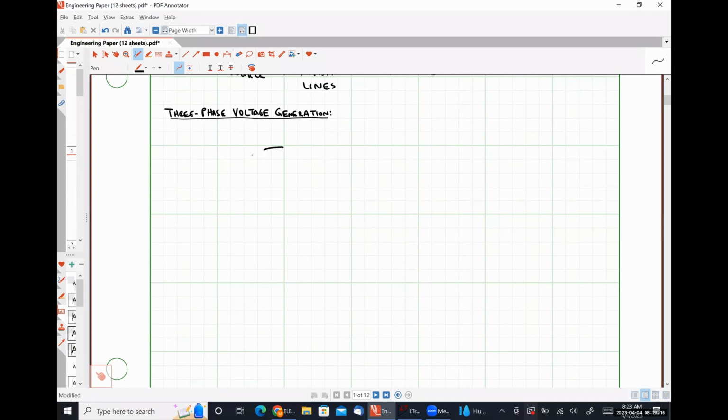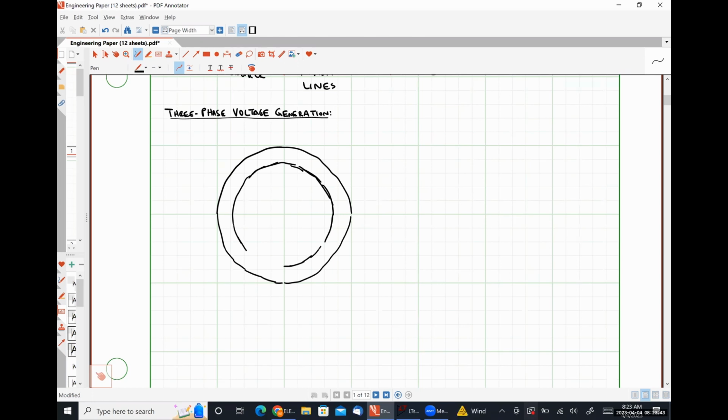So I'm going to have this circular outside thing here. This is commonly called the stator of the system.